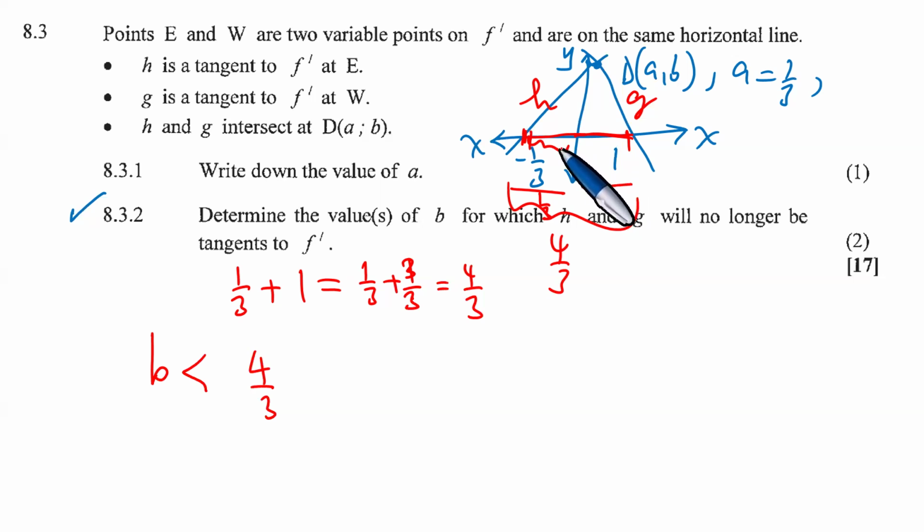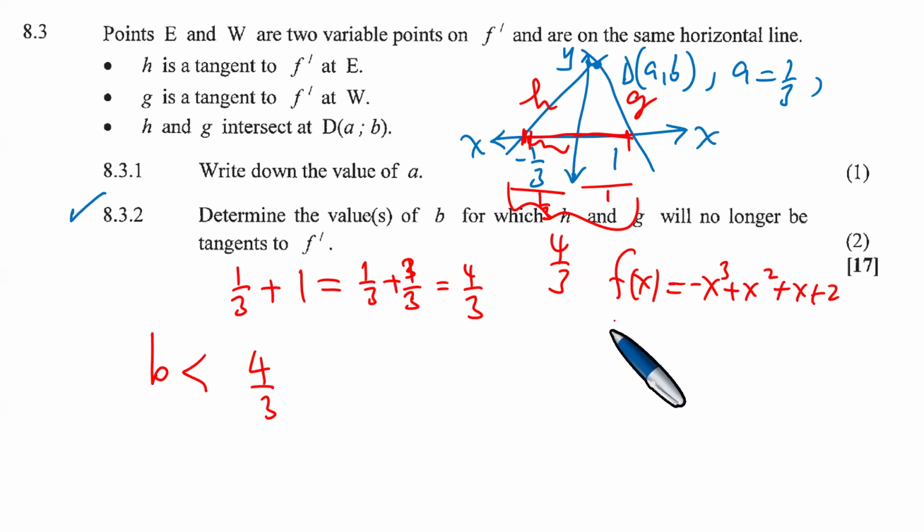And what would that mean? We know very well that the original function is minus x cubed plus x squared plus 2x plus 1. And that would be the case. And obviously, if you analyze these, those are tangents.